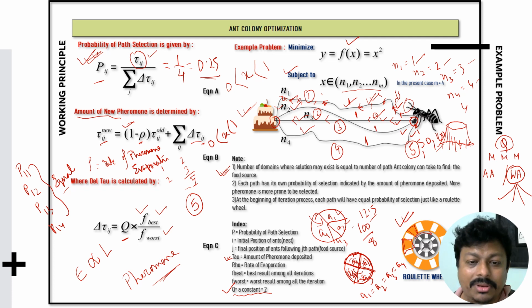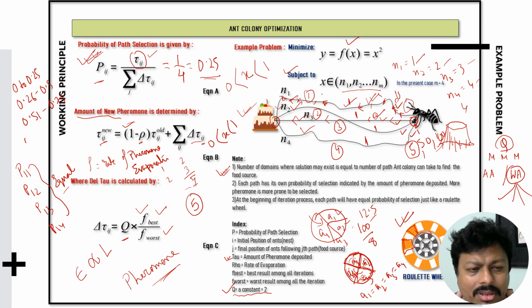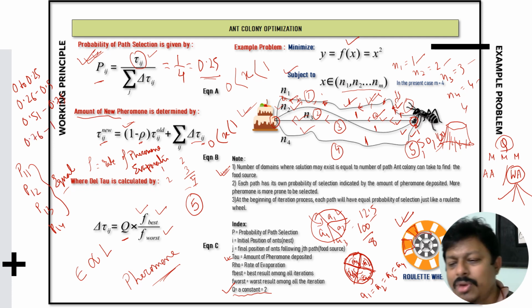So that is why, at the initial iteration, as there are equal probabilities for all the paths, we create areas like 0 to 0.25, 0.26 to 0.5, 0.51 to 0.75, and 0.76 to 1.